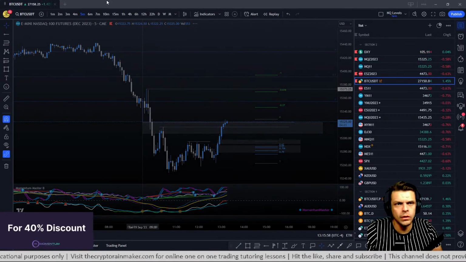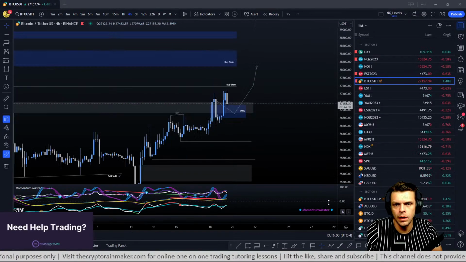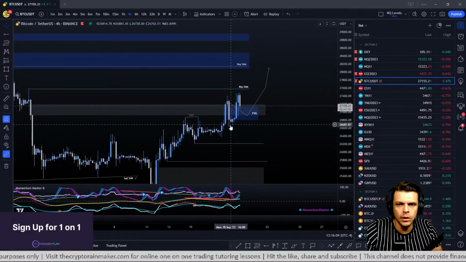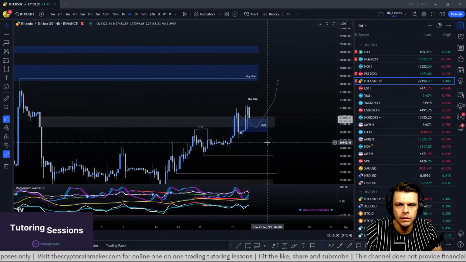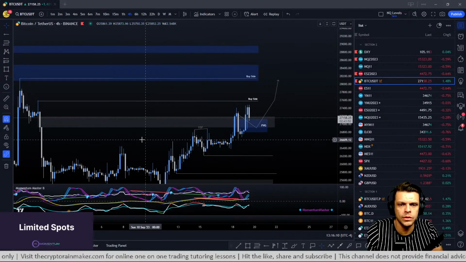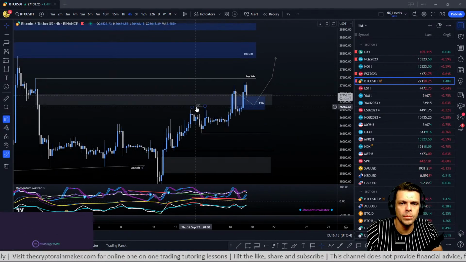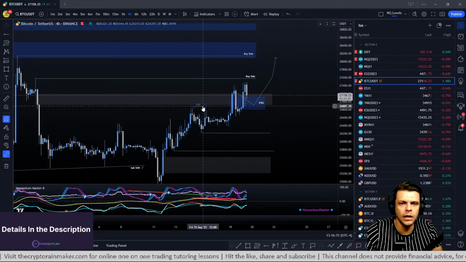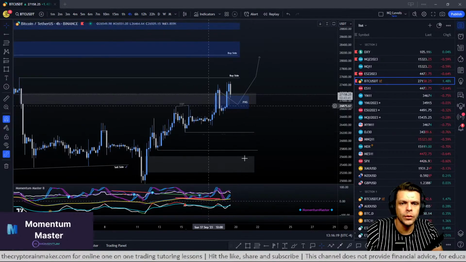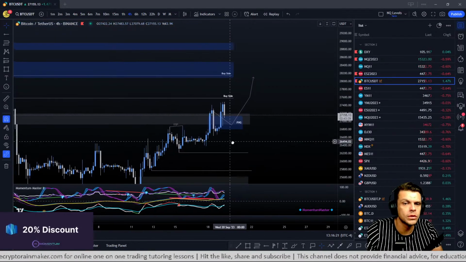Alrighty, let's have a quick look at Bitcoin, and then I'm going to be signing off. So this was the little projection from yesterday. The initial projection, from Sunday I think, was that we come up, take out the relative equal highs, take out that liquidity, reprice the imbalance, and then retrace towards the sell side liquidity, which did not happen.